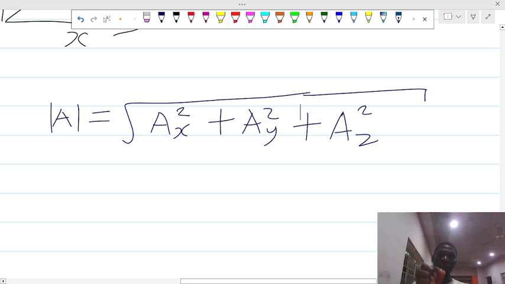But if the vector A is moving in one dimension, it simply means the magnitude of that vector is the absolute value of that particular dimension, since we are moving in one dimension.